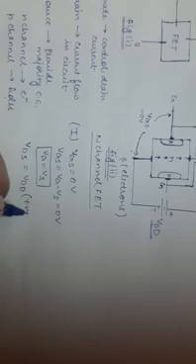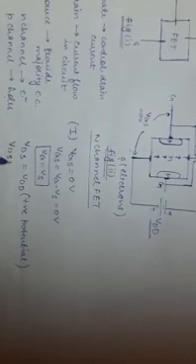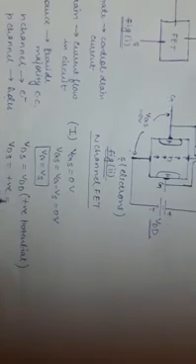Second point is VDS equals VDD, and this VDD is some positive potential. VDS is positive means VD minus VS is positive, so VD is more than VS. In the first equation VG equals VS, and in the other VD is more than VS.